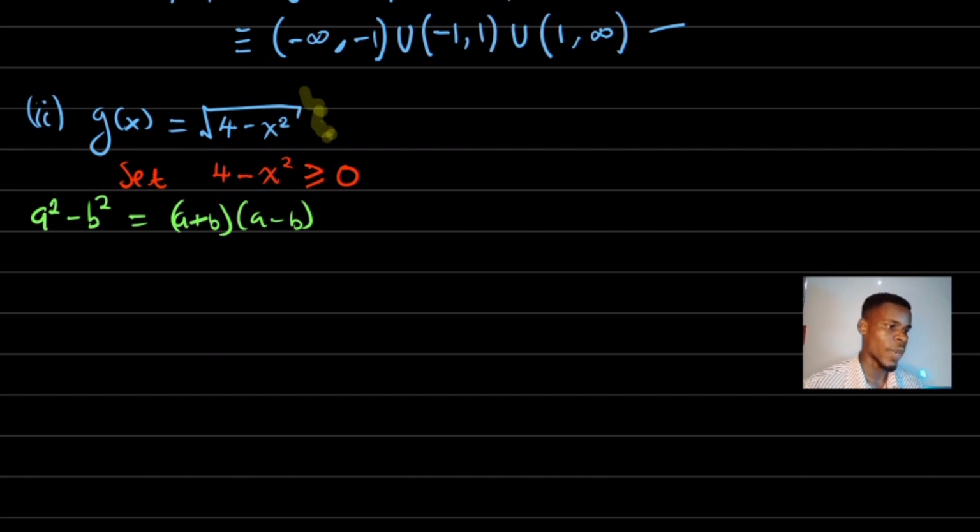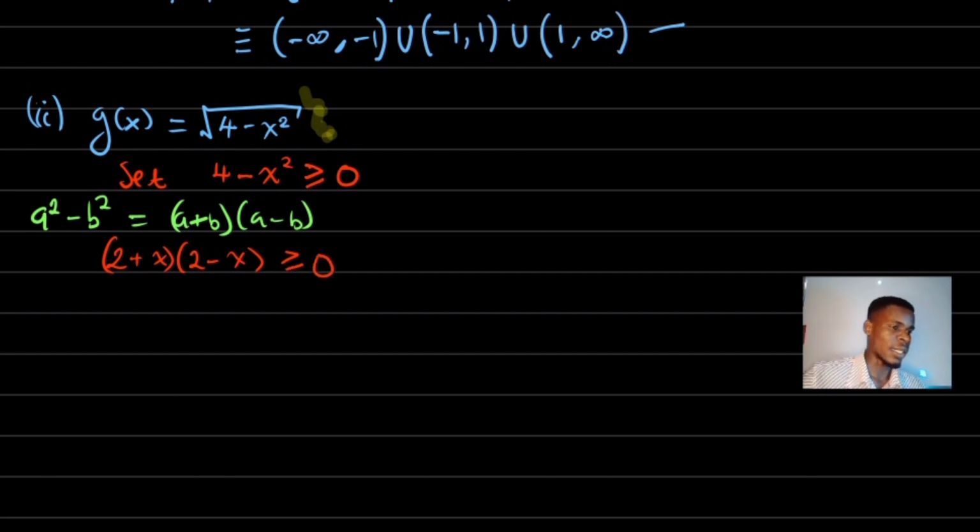I'm going to write it as 2 plus x times 2 minus x, which is greater than or equal to 0. That's just by factorization.